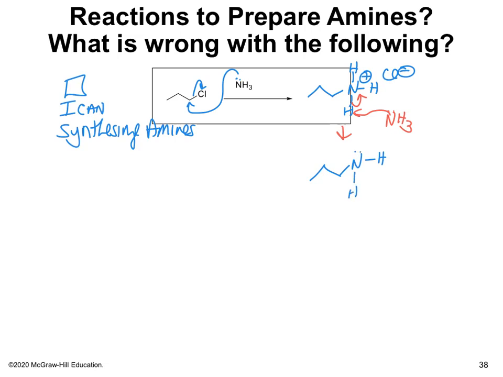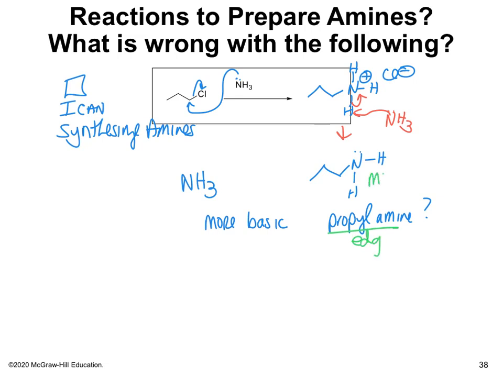Now, which one's more basic, ammonia or propylamine? Well, we just talked about this, right? This has electron donating groups, so this one's more basic. And if it's more basic, it's also going to be more nucleophilic.